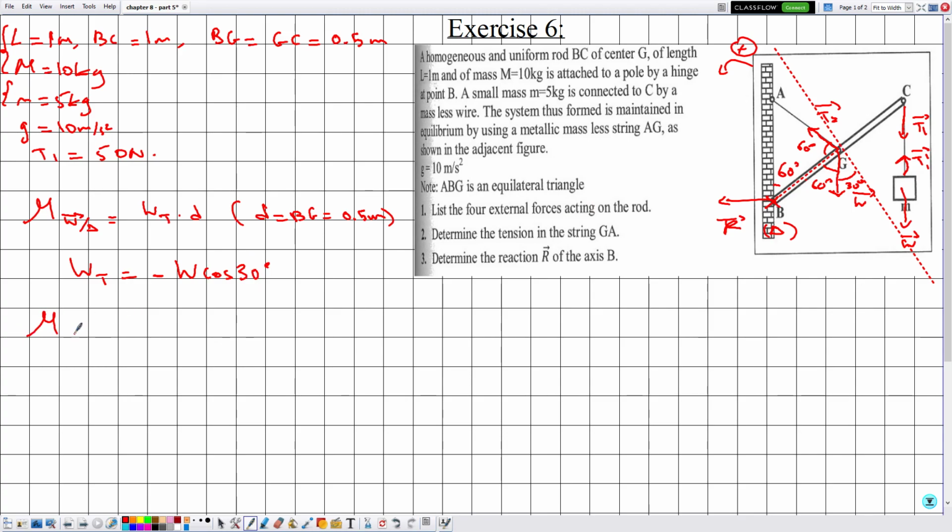So the moment of the weight around the axis delta is equal to minus W cosine 30 multiplied by D, which is BG. So minus, here we are talking about the mass of the beam, M multiplied by g cosine 30 multiplied by D, then minus 10 multiplied by 10 cosine 30, which is radical 3 over 2, and multiplied by 0.5.